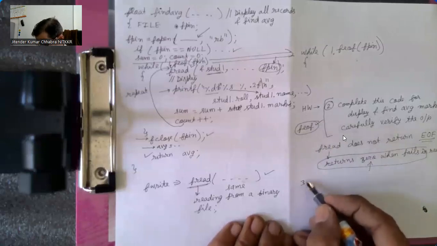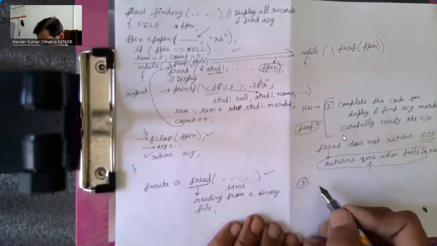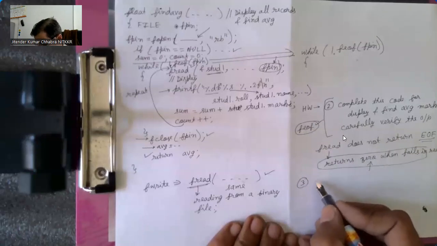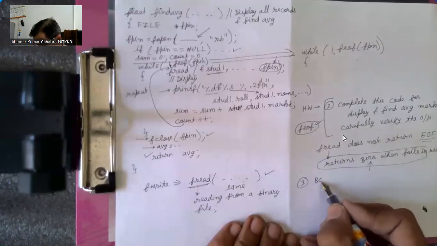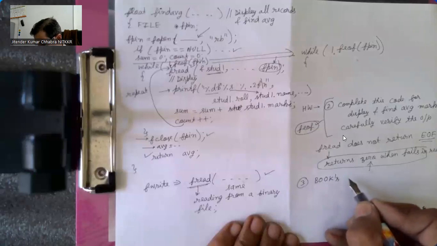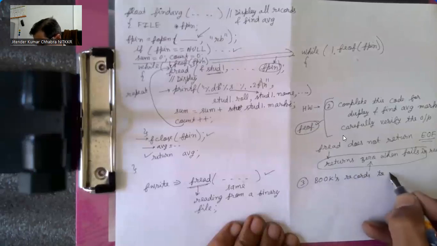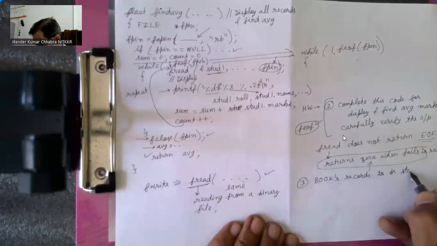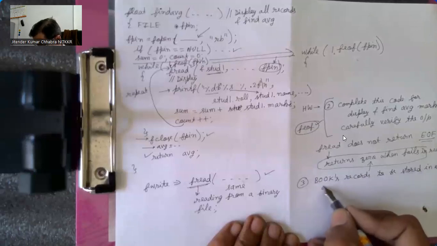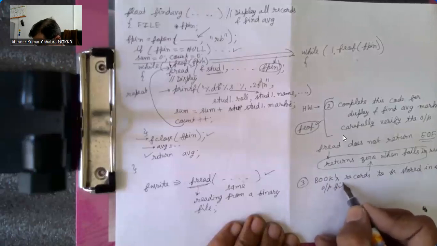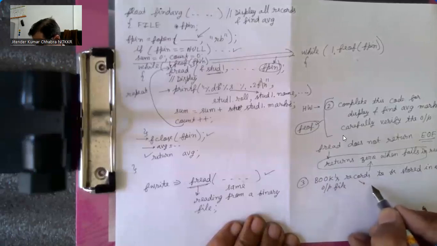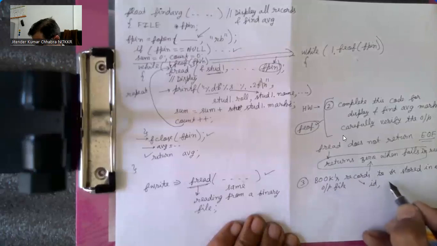Question number 3, I will give you another just to try. Let's say I assume that book records are to be stored into an output file through a program. And a record means what? Say book ID, book title, book cost.